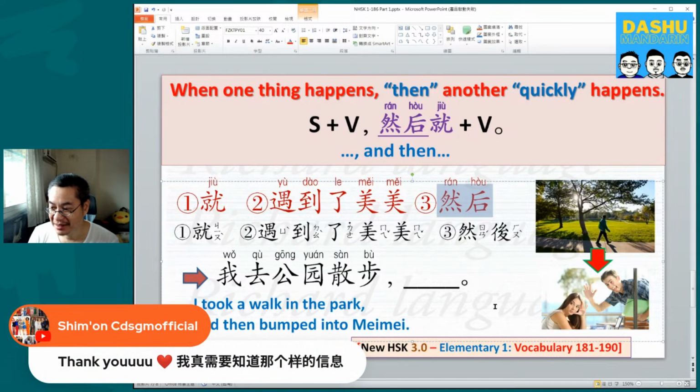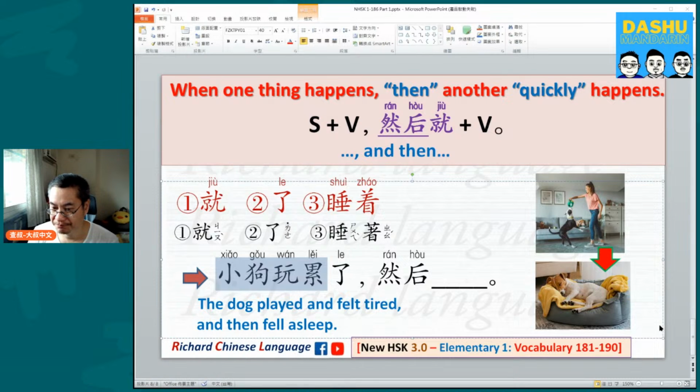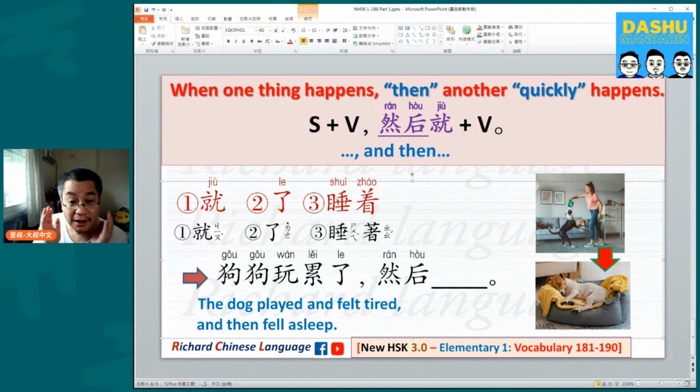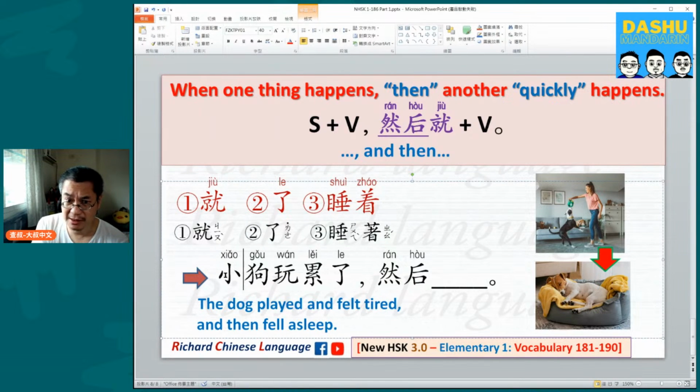Okay, the last sentence. 小狗玩累了. 小狗 means dog. Actually, in Chinese, when we say 小狗, it's not really small, but we still say 小狗. If you want to play cute, or have a cute tone, you can say 狗狗. Maybe it's a big dog, but we say 小狗 for cute dogs. 小狗玩累了.